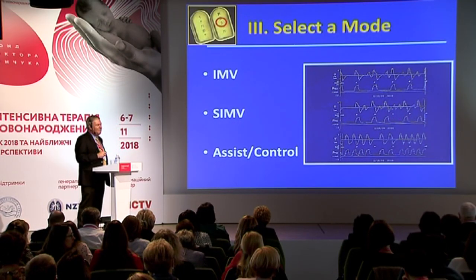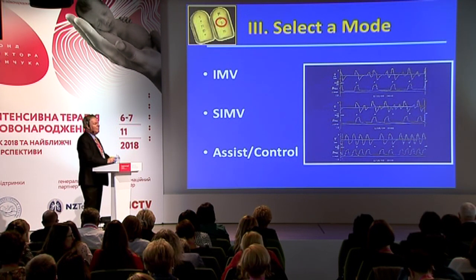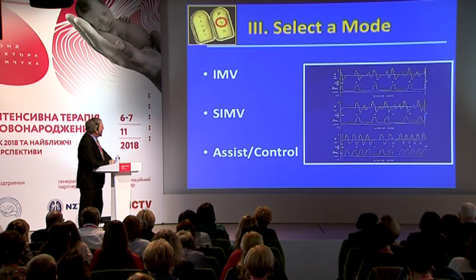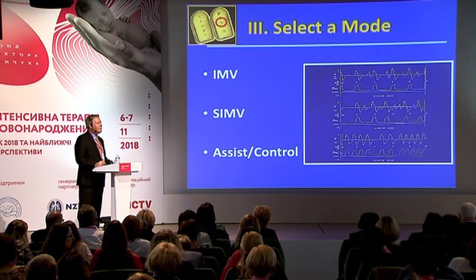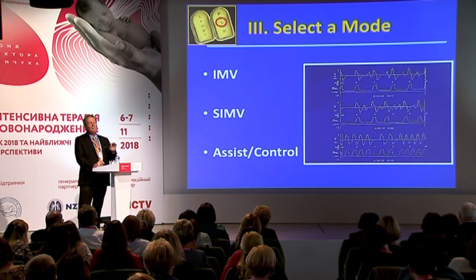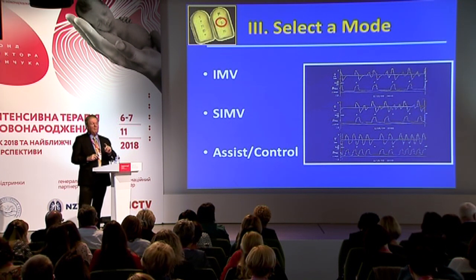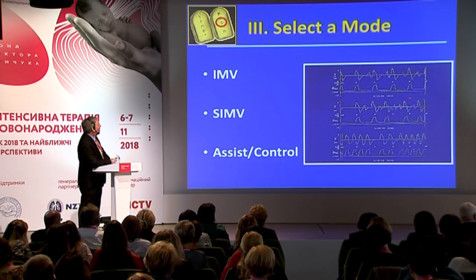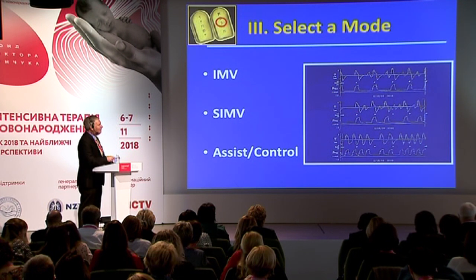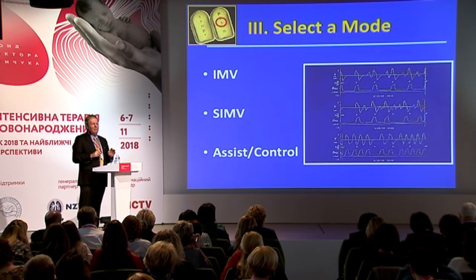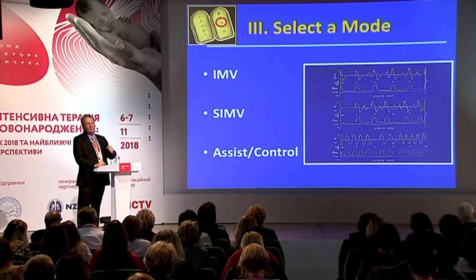And what happens with synchronized intermittent mandatory ventilation is that within a certain timing window, the ventilator will look for some measure of spontaneous breathing, and we'll talk about that later as well. And if the patient takes a breath within that timing window, the ventilator will initiate the mechanical breath.